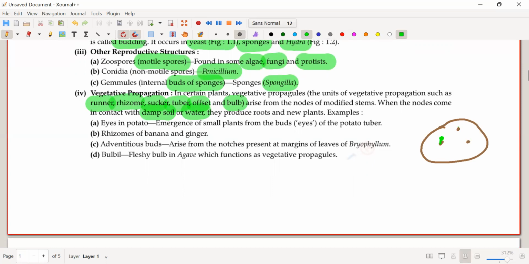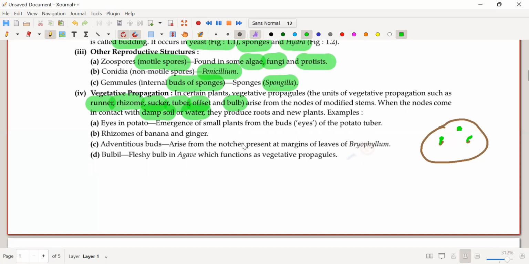These buds fall down and form their own vegetative part, from which a new plant grows. Potato tubers, then rhizomes of banana and ginger.